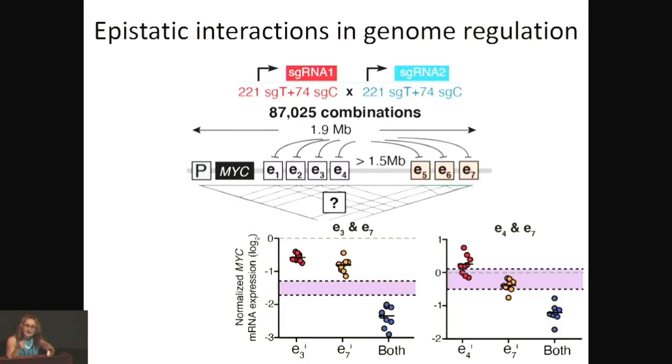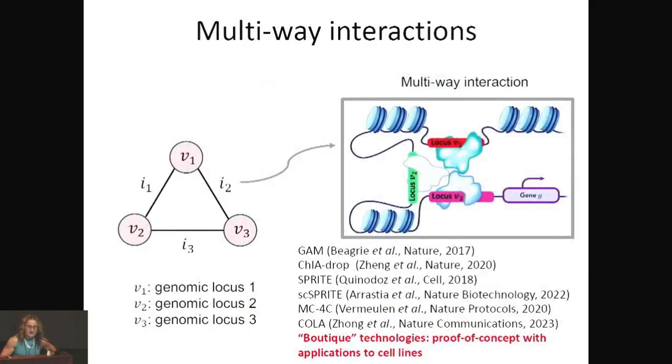So when we think about scHiC data, that's all pairwise, right? I have the contact matrix and the entries tell me how much any two genomic loci are interacting. So with multi-way interactions, we are looking for at least 3 genomic loci that are interacting. And then ideally, one of them is the promoter of a gene, and the other 2 are enhancers.